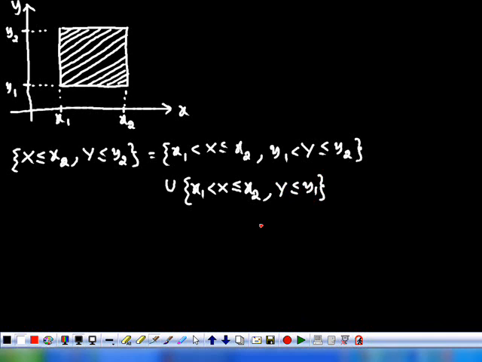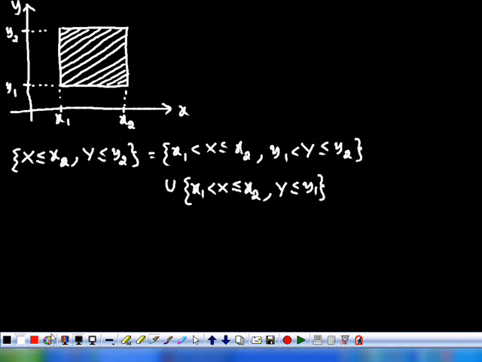First I consider the event which indicates the entire region below y2 and left side of x2. Then that can be written as the union of 4 disjoint events. So this is one event, the region that I wrote as hatched lines.